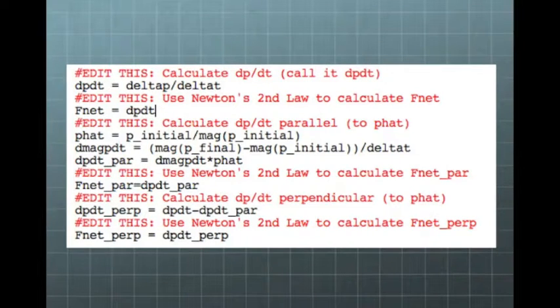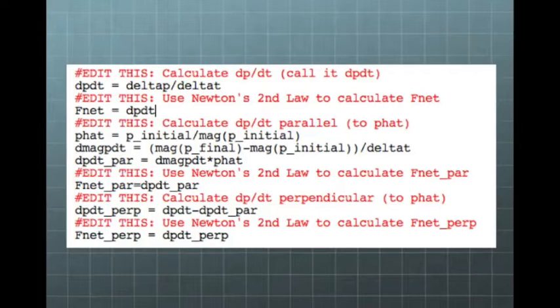Using our derived principle from before, F-net is set equal to dp/dt. Then to find dp/dt parallel, p hat is defined as p initial over the magnitude of p initial. d magnitude of p over dt equals the change in magnitude of momentum over delta t.